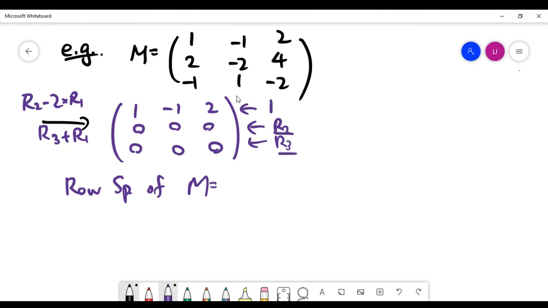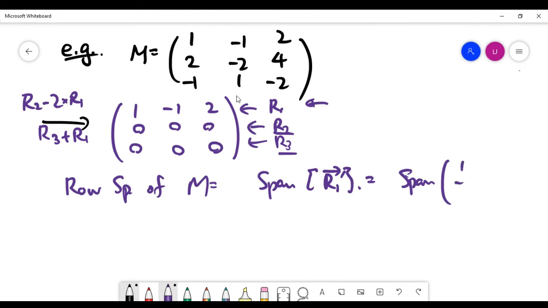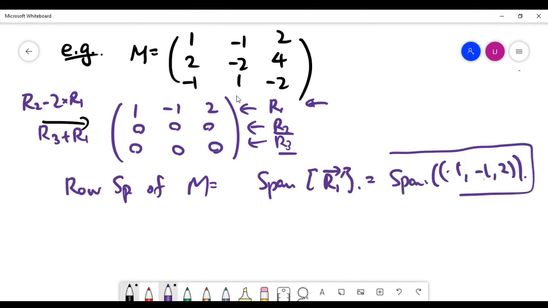Also, the last two rows are completely zero. It means the row space is only spanned by the first vector, which is the only non-zero row, right? Since row operations never change the row space of M, I can simply use the reduced form. So we have the row space as the span of only one single vector.